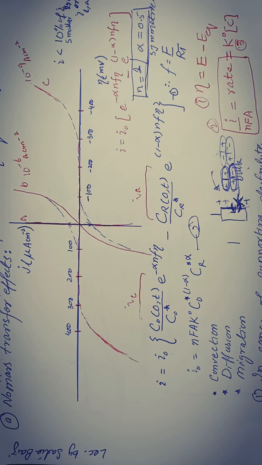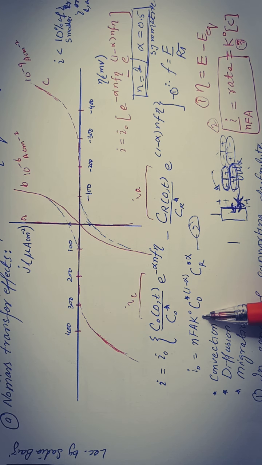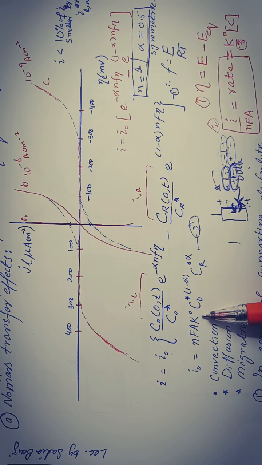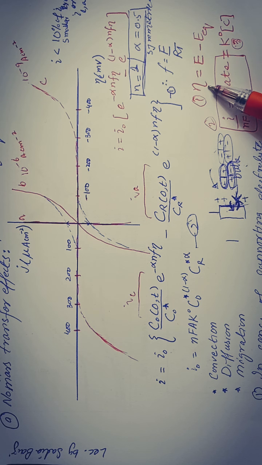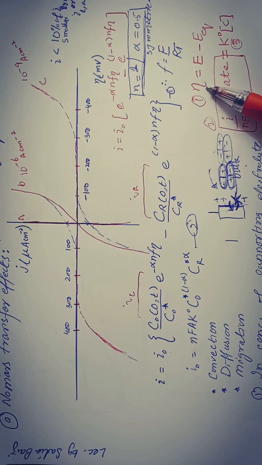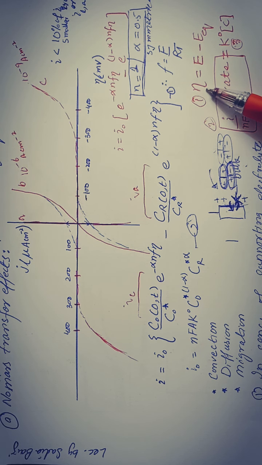So according to that, lower the exchange current, sluggish will be the kinetics. Hence we need to apply the larger activation over potential for any particular net current.